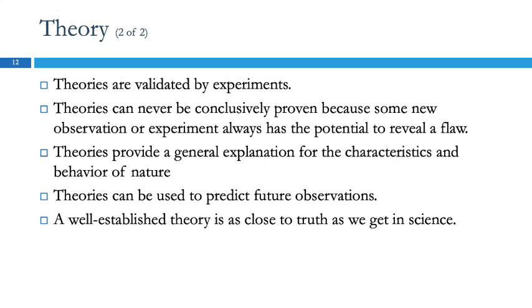And that's as good as it gets. Okay? So a well-established theory is as close to truth as we get in science. In everyday life, somebody says something, oh, well, that's just a theory. Well, maybe in everyday life, but in science, a theory is as close to fact as we can get.